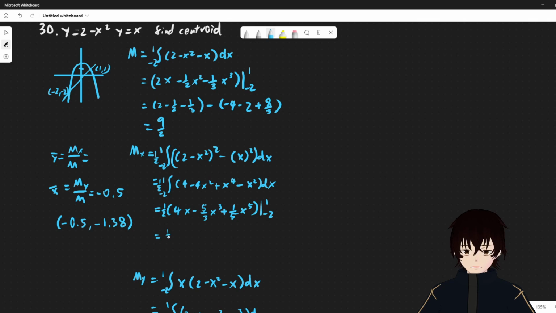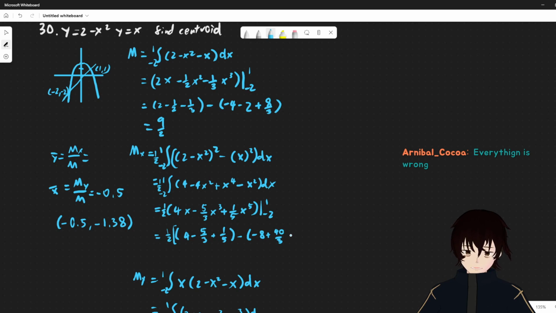One half times, of course everything is wrong. This part has to be right. Minus -8 plus 40/3.